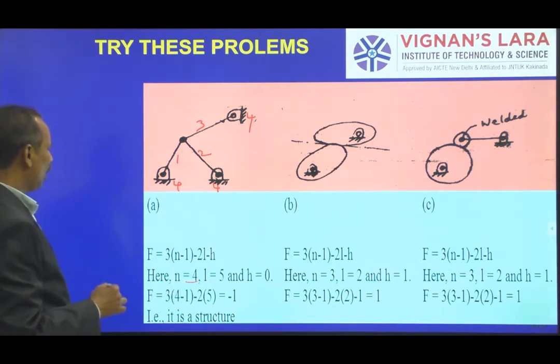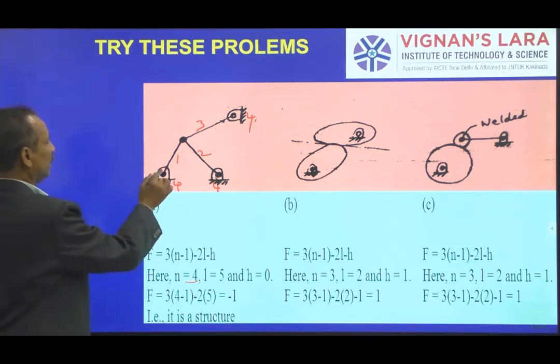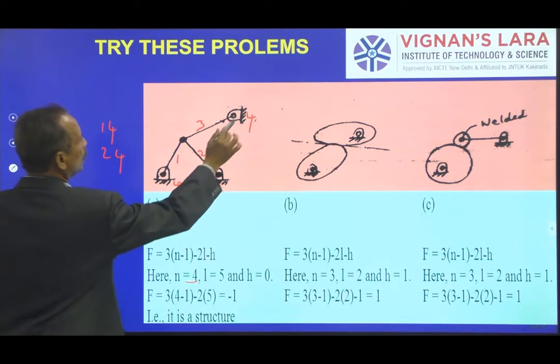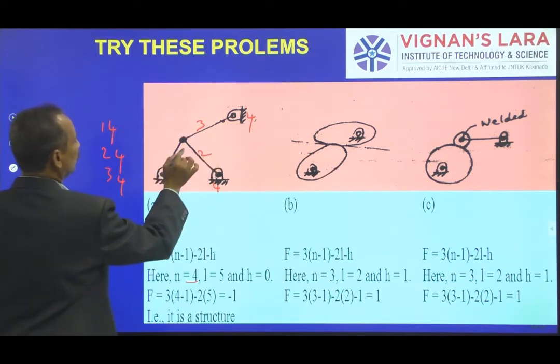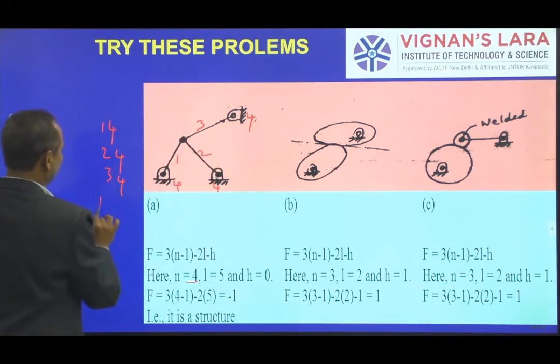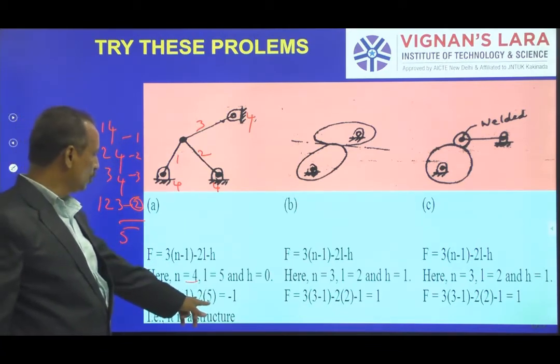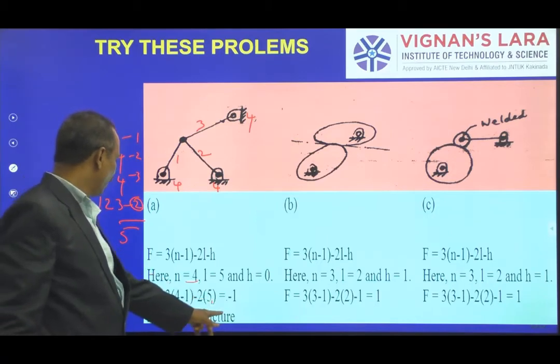Then how many binary joints? Let us see. This is 1, 4, then 2, 4, then 3, 4, then 1, 2, 3. That is 2 numbers. 1, 2, 3 plus 2. Total is 5. So 3 into 4 minus 1, minus 2 into 5.